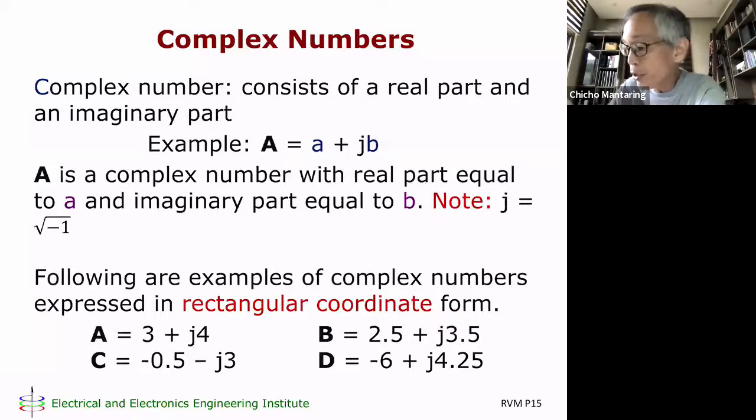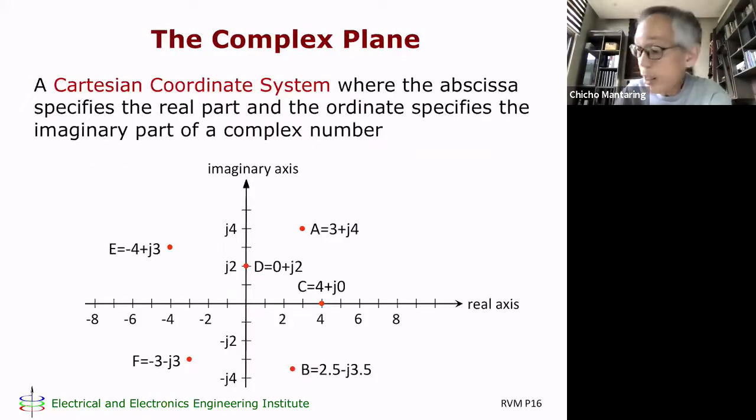Just to breeze through what you need to know. You need to know what a complex number is. It has a real part and an imaginary part. You can express it in rectangular form, just like these numbers here. You can show it in the complex plane.